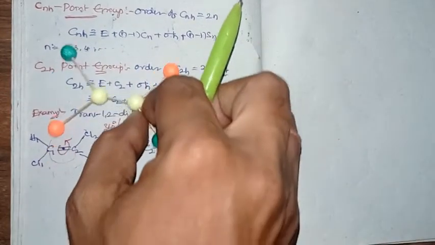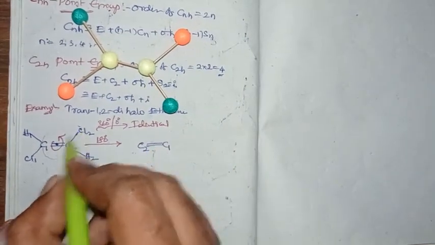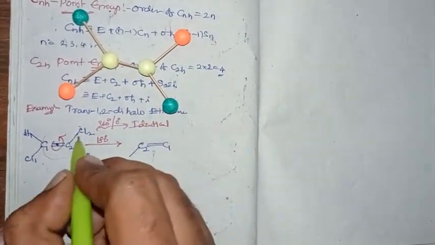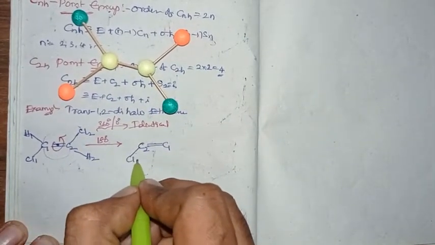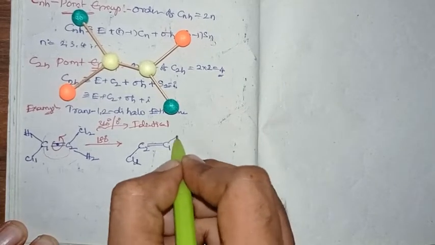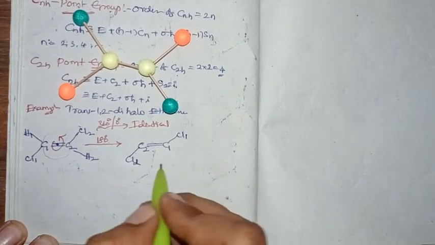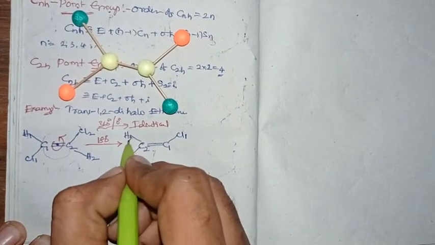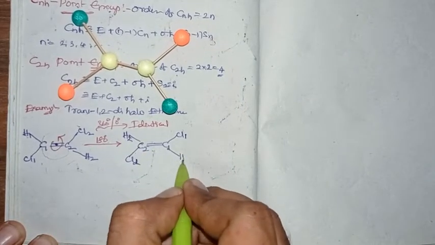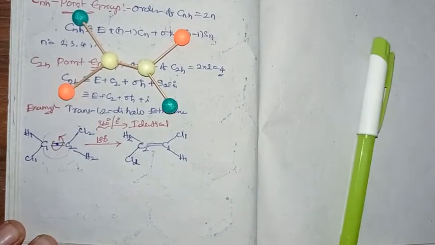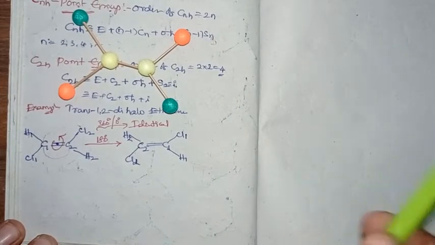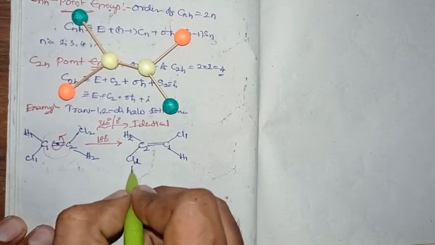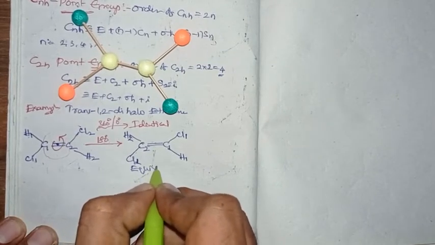That means the chlorines are exchanging: chlorine 2 gets the position of chlorine 1 and chlorine 1 gets the position of chlorine 2. Same with the hydrogens: hydrogen 2 gets the position of hydrogen 1 and hydrogen 1 gets the position of hydrogen 2. After all that, exchanging similar atom positions gives an equivalent configuration.